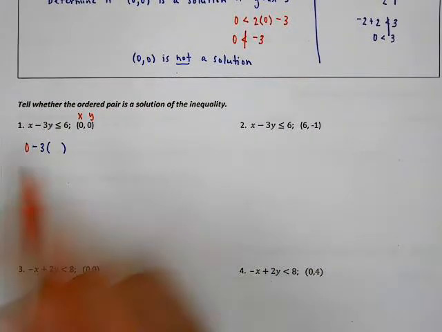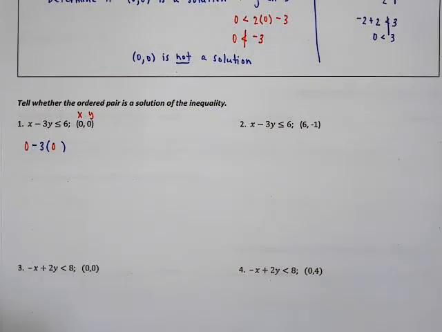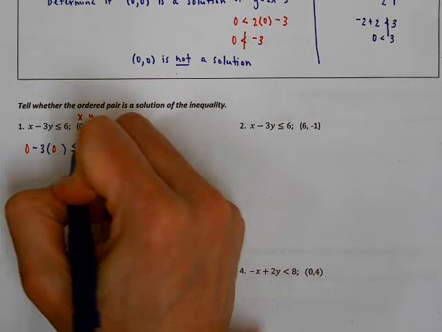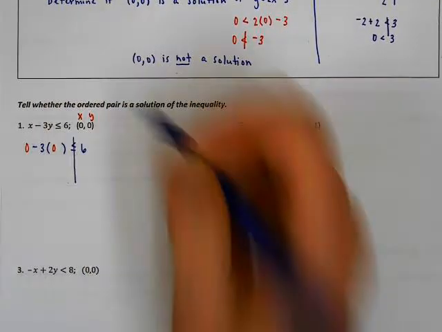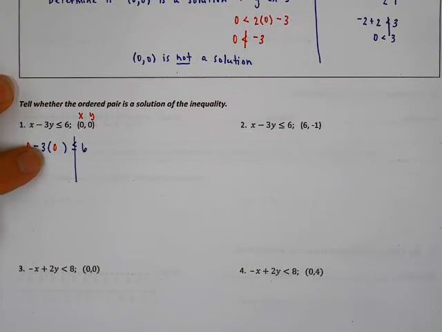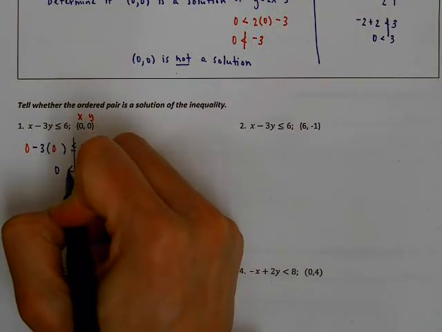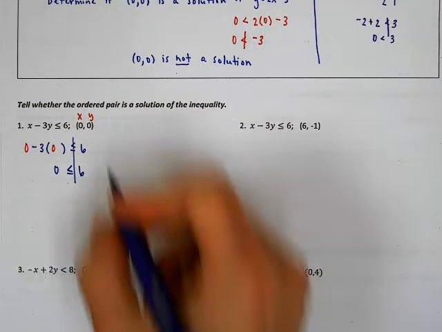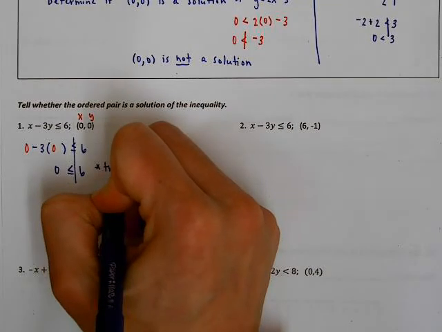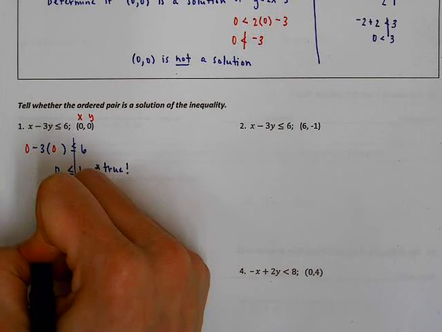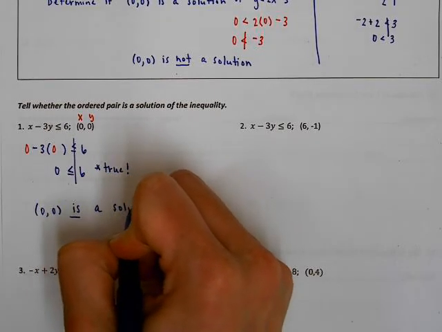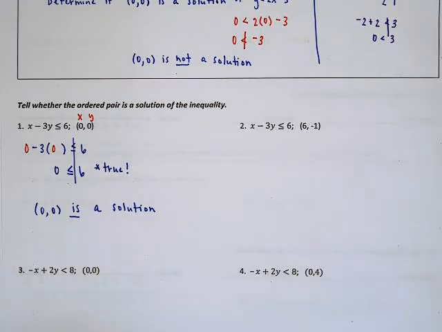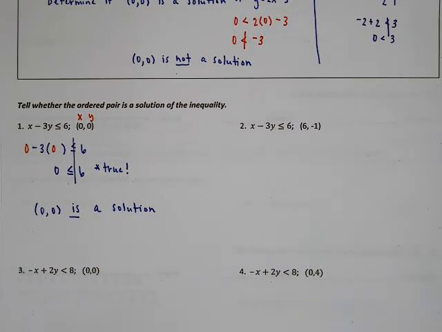Now for y, I'm also going to plug in 0, and I'm testing if that's less than or equal to 6. So I evaluate: 0 minus 3 times 0 is 0, so 0 minus 0 is just 0, which is less than or equal to 6. Since this is true, I would say 0, 0 is a solution because it makes that inequality true.